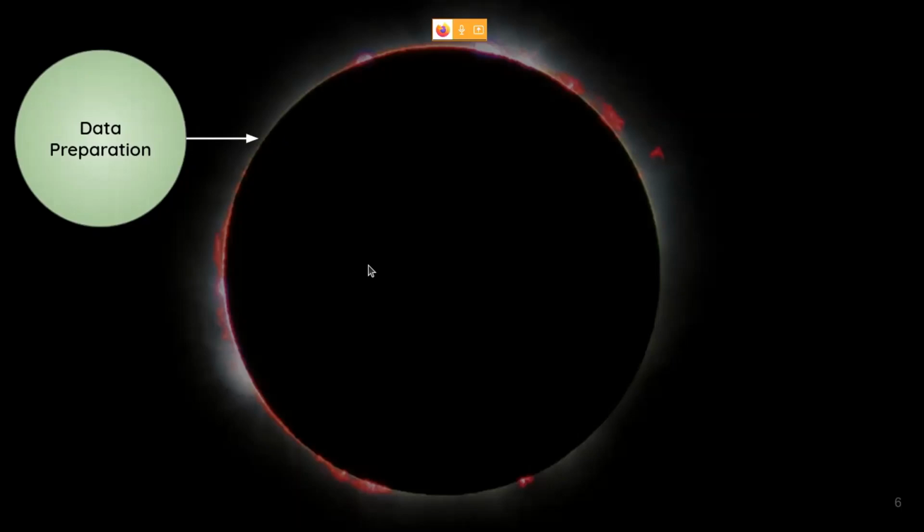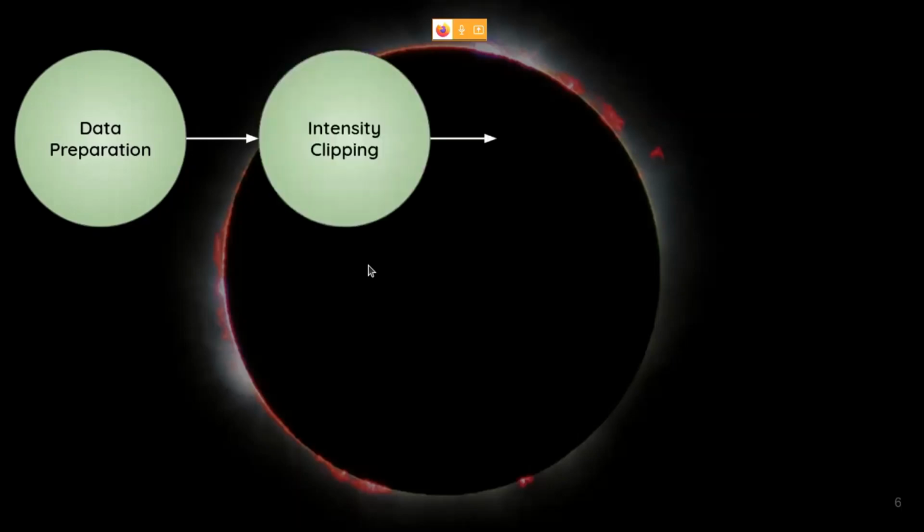After data preparation, the first thing we do is intensity clipping. Why do we do this? Because normally when we use SunPy to plot the SDO AIA data, we barely see any features or any solar disk at all. So with this intensity clipping, for which we use percentile clipping of the image, we can see what features we want to extract and what features we want to eliminate.